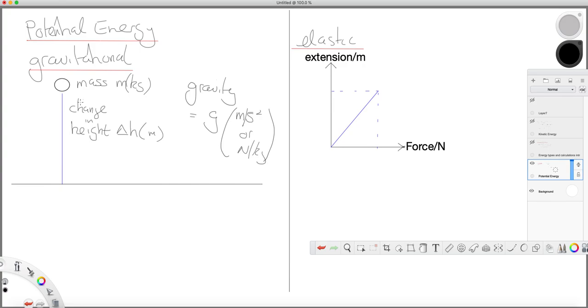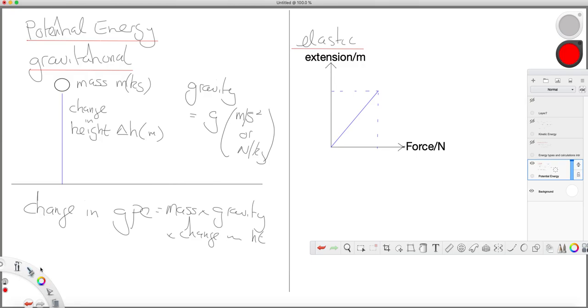Same thing. So the gravitational potential energy then, or the change in gravitational potential energy, is mass times gravity times change in height.